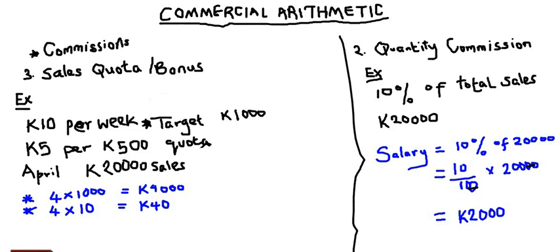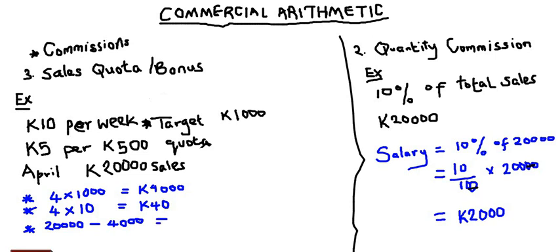Right. Now, there is a quota where we get 5 kwacha for every 500. All right. So what we need to do now is from the total sales of 20,000 kwacha in that month, we need to remove the 4,000 kwacha weekly target, or we can now say it's a monthly target.